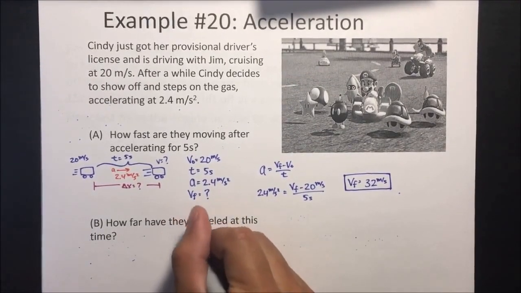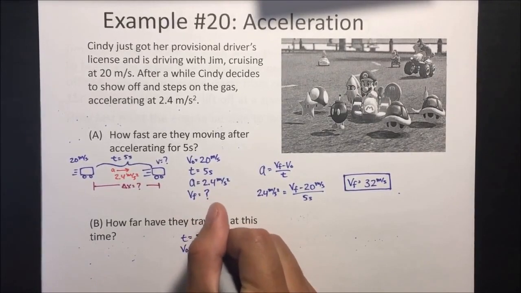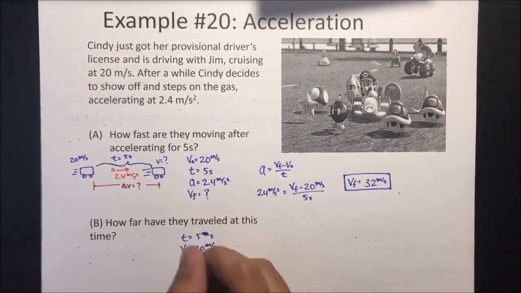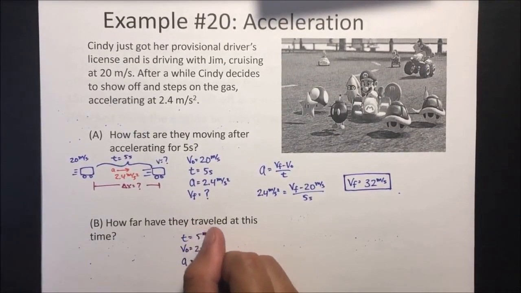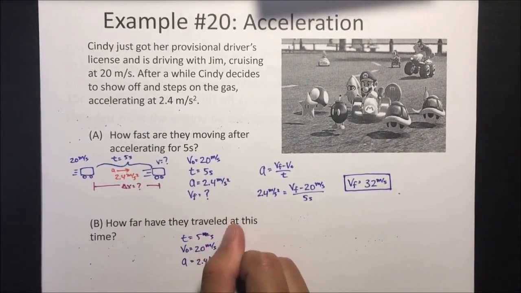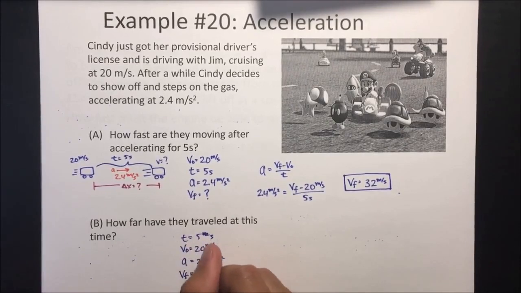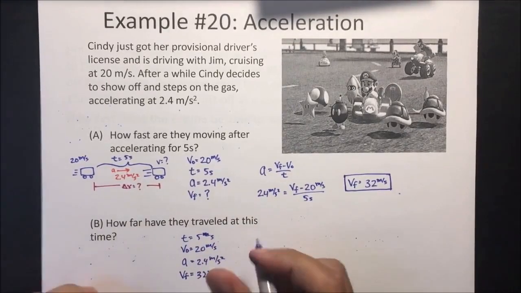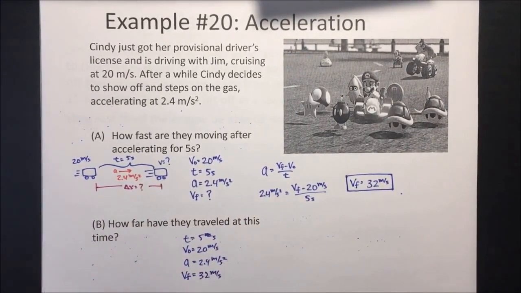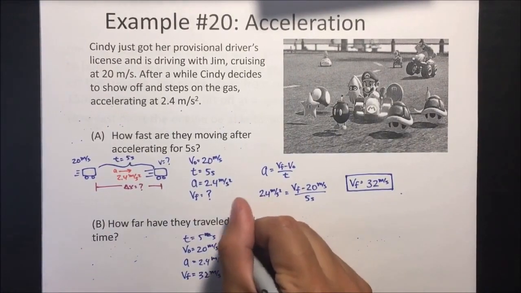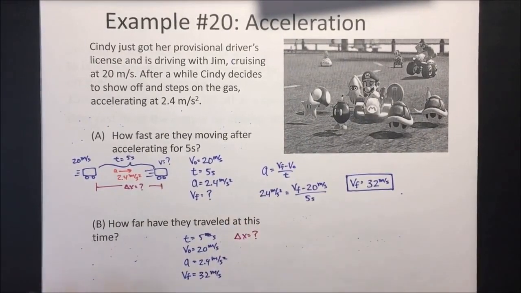We know time is equal to 5 seconds. We know acceleration is equal to 2.4 meters per second squared. And we know the final velocity is 32 meters per second. And what we're looking for is the displacement.